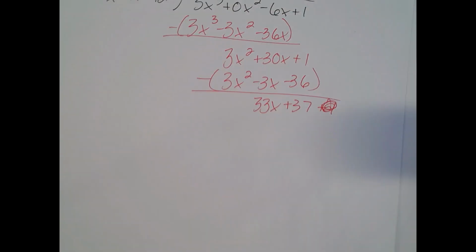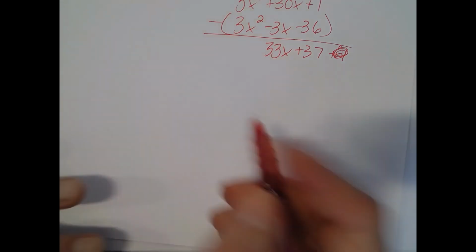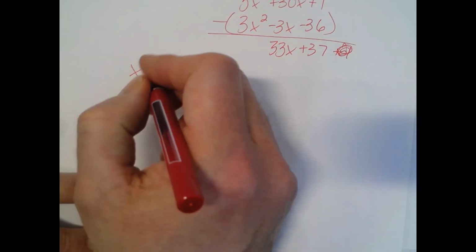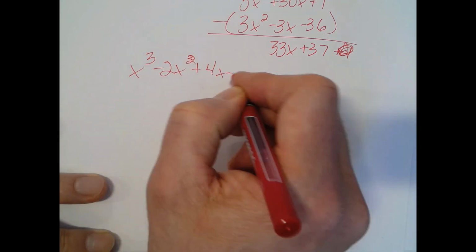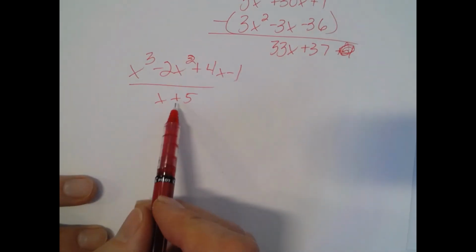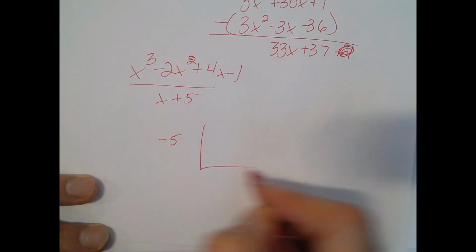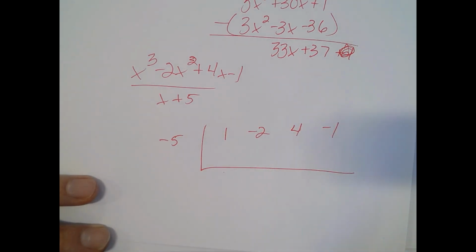Do you want me to show you synthetic division real quick? If I had like x cubed minus 2x squared plus 4x minus 1 over x plus 5, that's when you have negative 5 out front. 1, negative 2, 4, negative 1. This was easier than polynomial division.